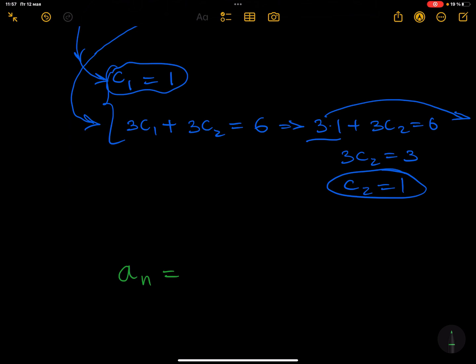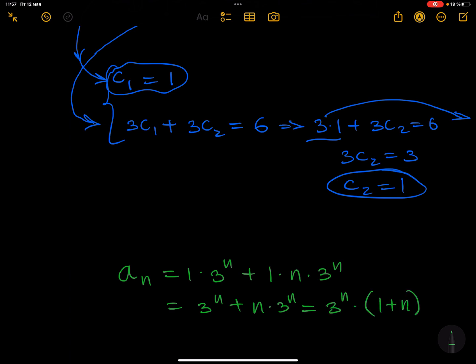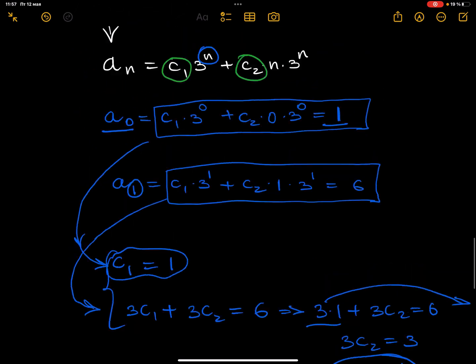Instead of c1 I'm putting 1 multiplied by 3^n plus 1 multiplied by n multiplied by 3^n, so this is gonna be 3^n plus n·3^n. I'm taking 3^n out of the bracket, I'm having 3^n multiplied by (1 plus n). So this is your final result. So this is how you solve a homogeneous equation.